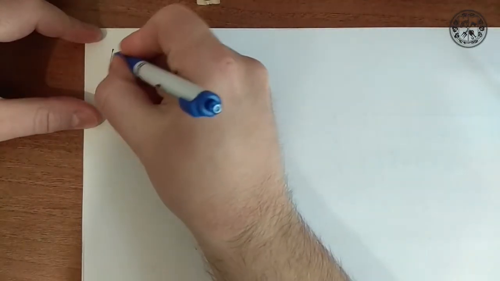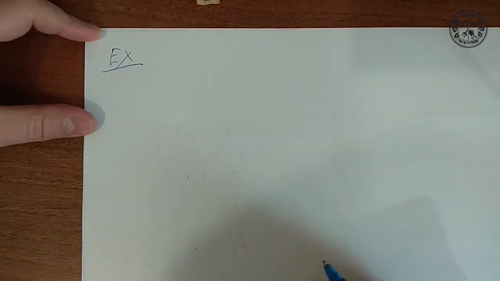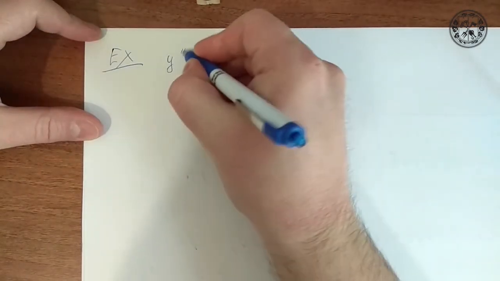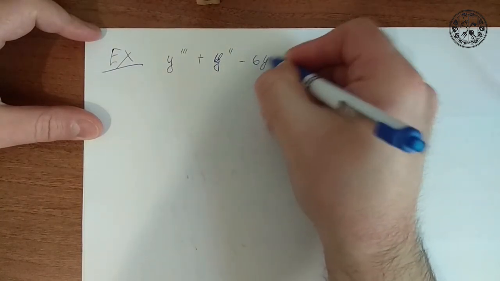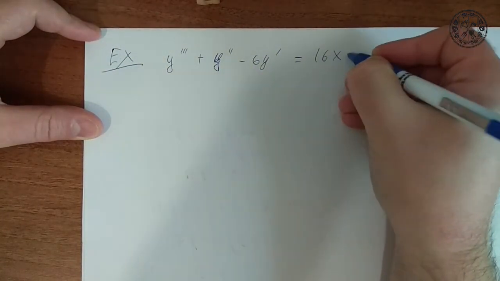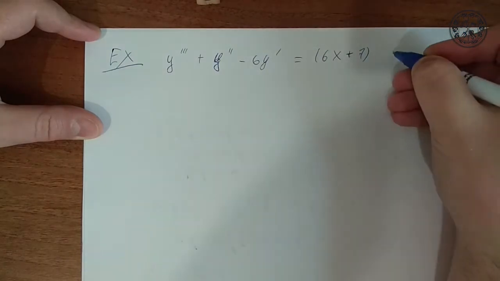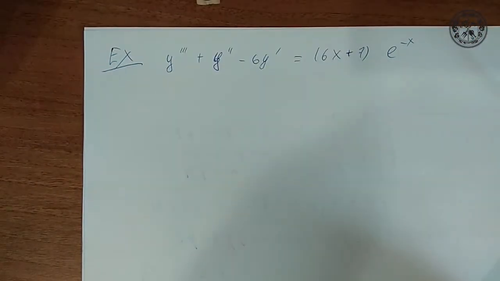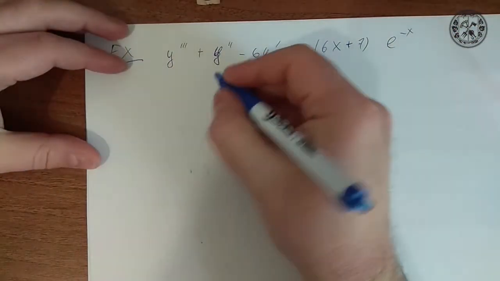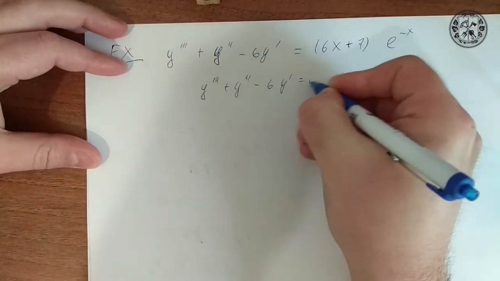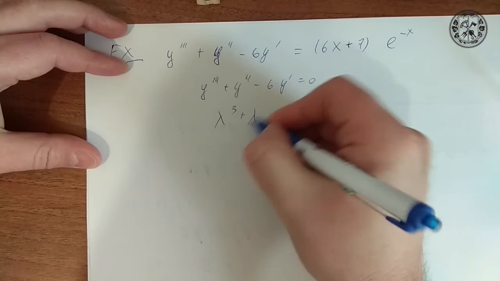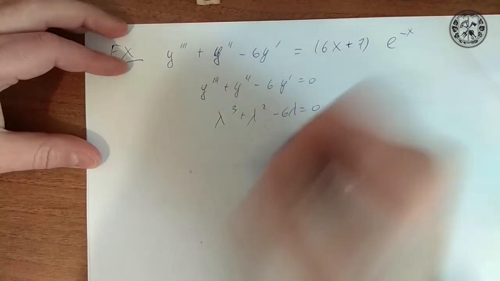One more example. If we have y triple prime plus y double prime minus 6y prime equals 6x plus 7 e power minus x. Same method here. Y triple prime plus y double prime minus 6y prime equals 0. Lambda cube plus lambda square minus 6 lambda will be 0.